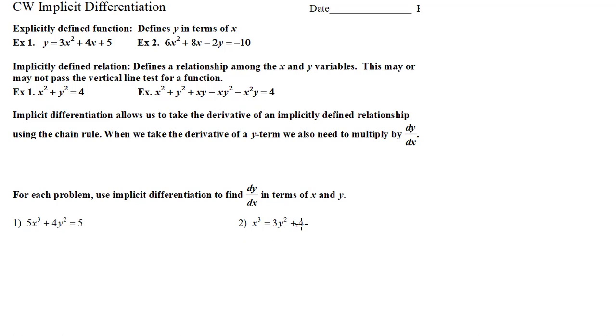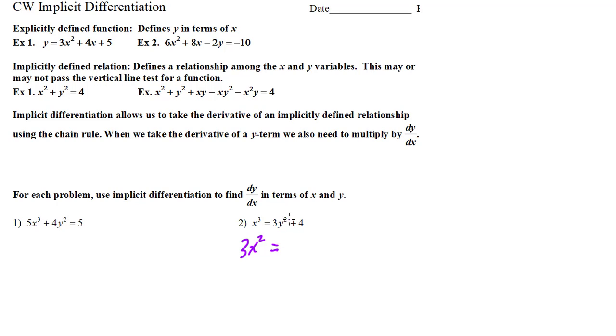And what we're going to do is differentiate both sides here. So on the left here, we have the derivative of x cubed. If we differentiate with respect to x, that's going to give us 3x squared. We take the power to the outside, drop it down, then we have our equal sign, and then we come to this y term, and we're going to differentiate that too.